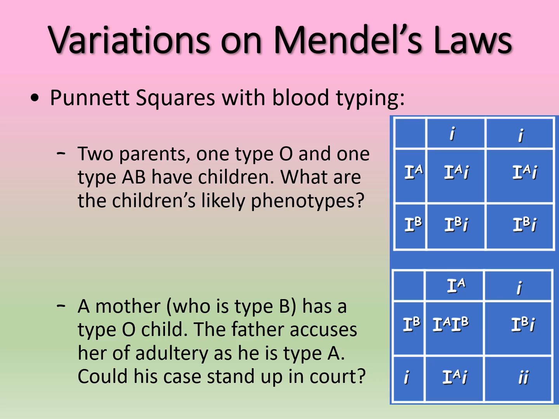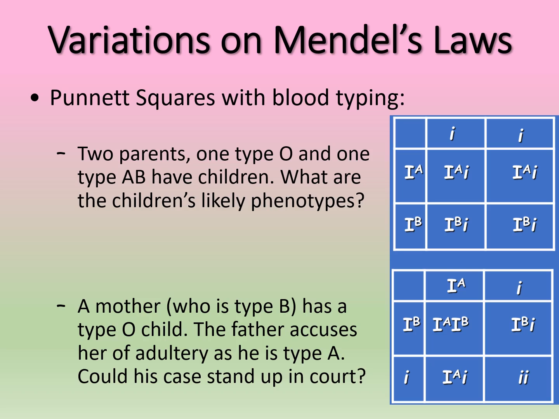So we have the father on the top who says he's A, so he could have either two big A's or a big A and a little i, right? So let's say he's the heterozygote, and then same with the mother who's type B.